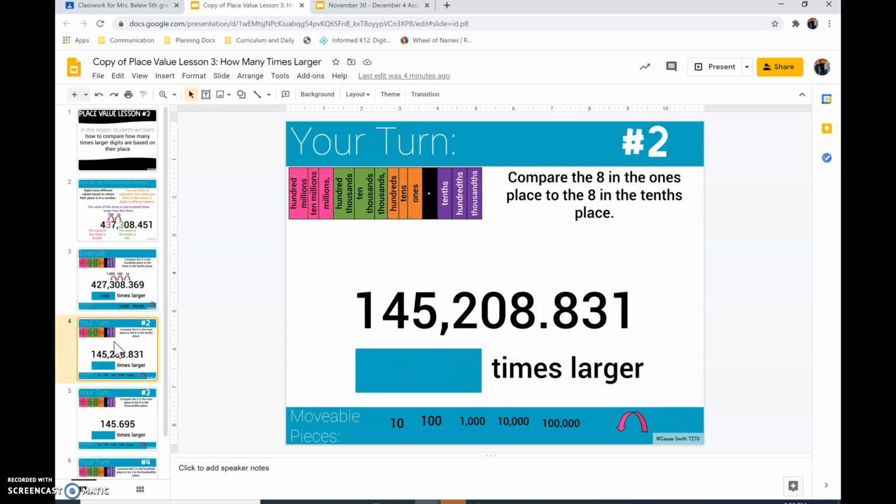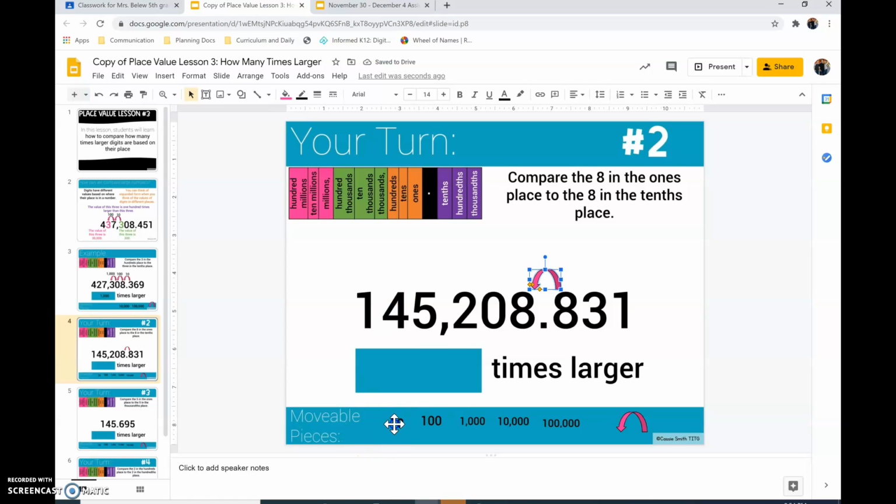So now what you're going to do is first you're going to read what it says. It says to compare the 8 in the ones place to the 8 in the tenths place. So what you're going to do is you can move the arrow to show your hops.